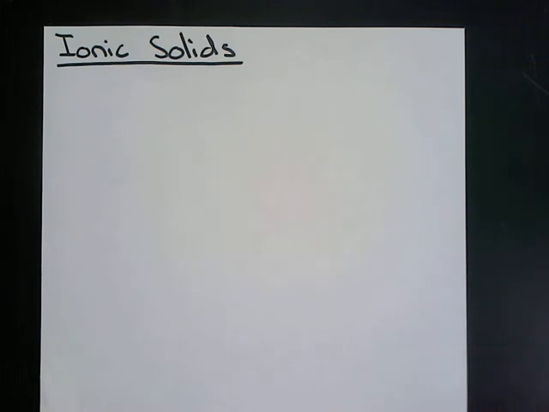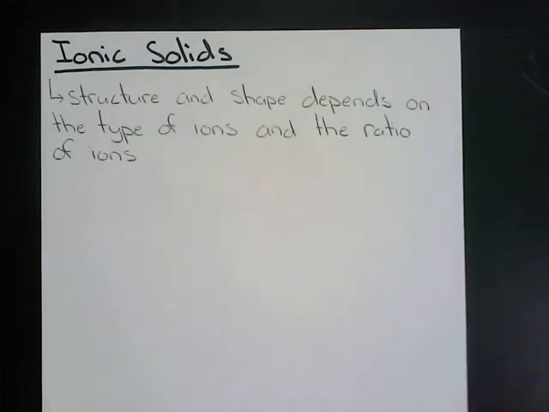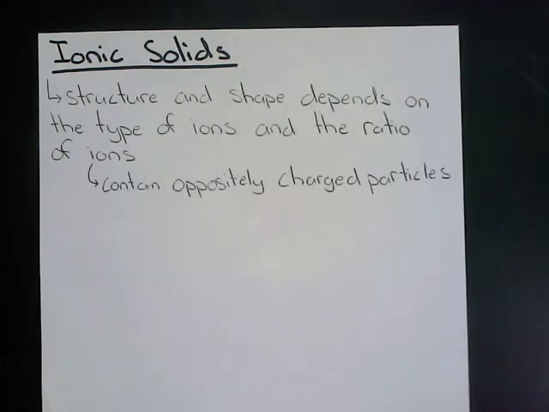Our next type of solid is an ionic solid. In an ionic solid, the structure and shape depend on the type of ions and the ratio of ions in a compound. Remember that ionic substances are composed of oppositely charged particles. The network of attractions extends throughout the ionic crystal, and that provides them some unique properties.